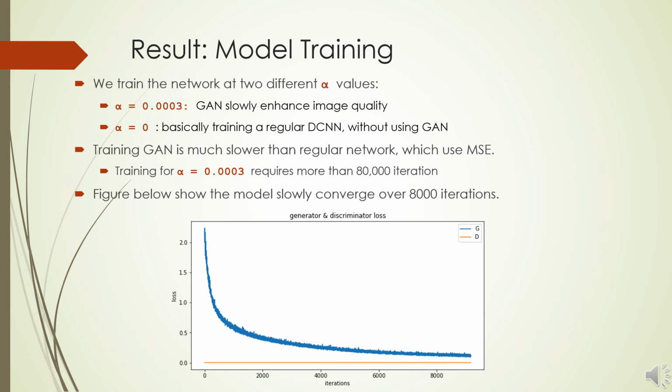But anyway, we made the model learn, and it can somehow output some basic structure of the image. The figure below shows that the generator loss slowly converges over time. The discriminator loss is almost zero all the time. We did not show the beginning of the training, but basically the loss of the discriminator quickly reached zero.